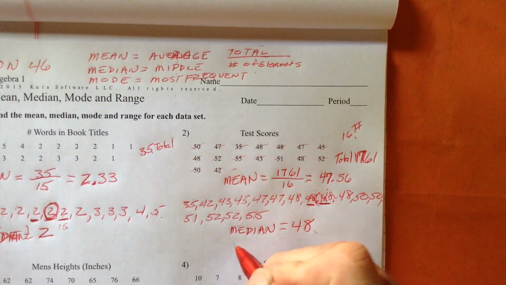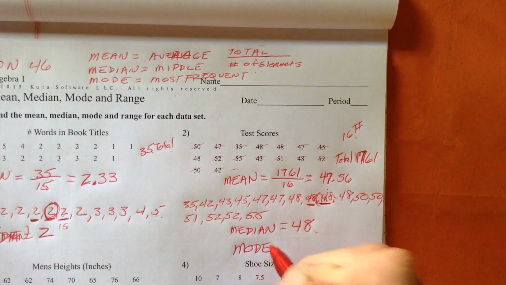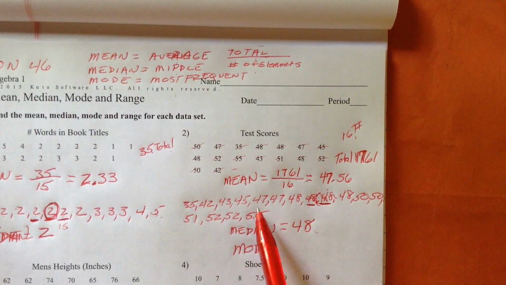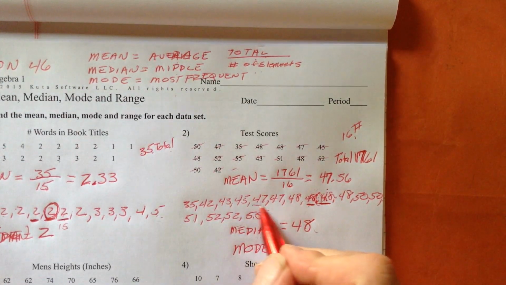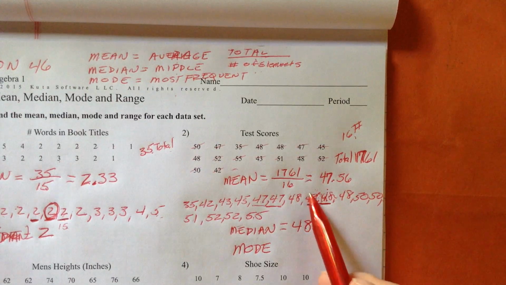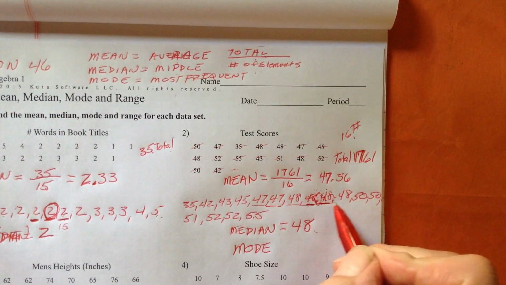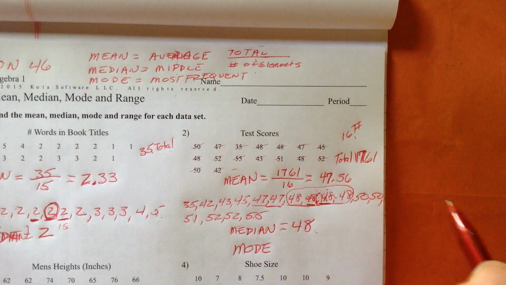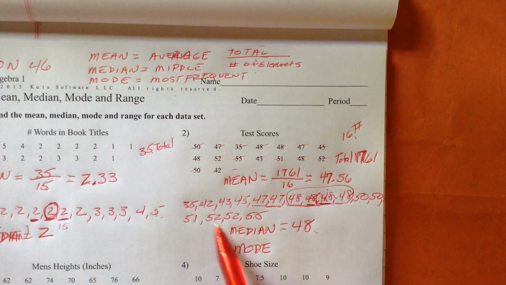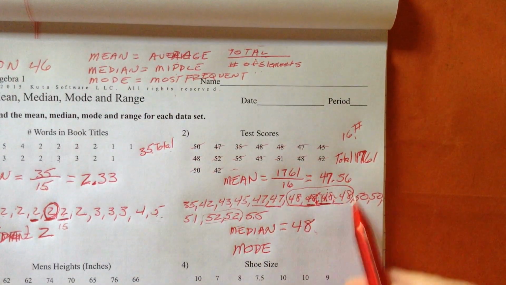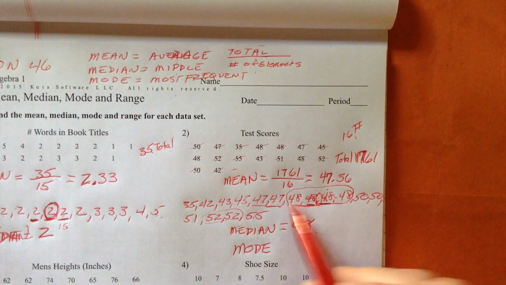Okay? And then the mode would be the most frequent. So here I looked through them. 47, I got 2 of them. 48, I got 1, 2, 3, 4 of them. I got 4 48s. I got 2 50s, 1 51. I got 2 52s. So 48 shows up the most times.